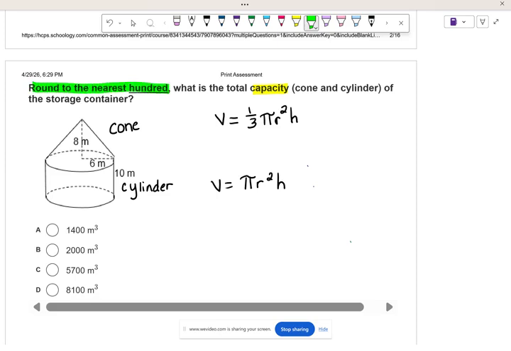All right, so let's go focus on our cone up here at the top. For the cone, the radius is 6. So we're going to plug in 6 and square it because the formula says so. The height of the cone is 8.